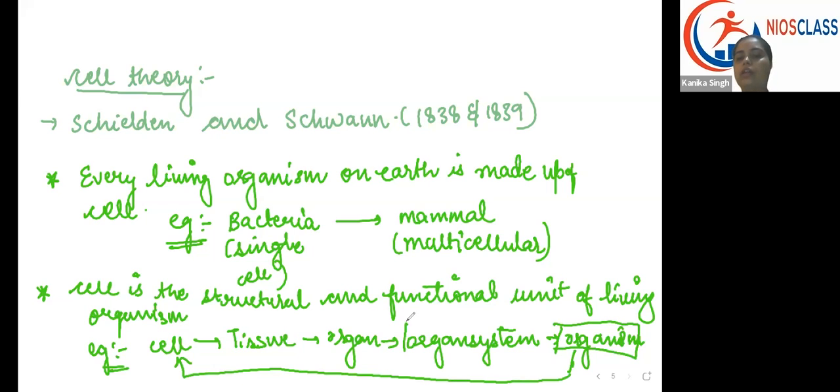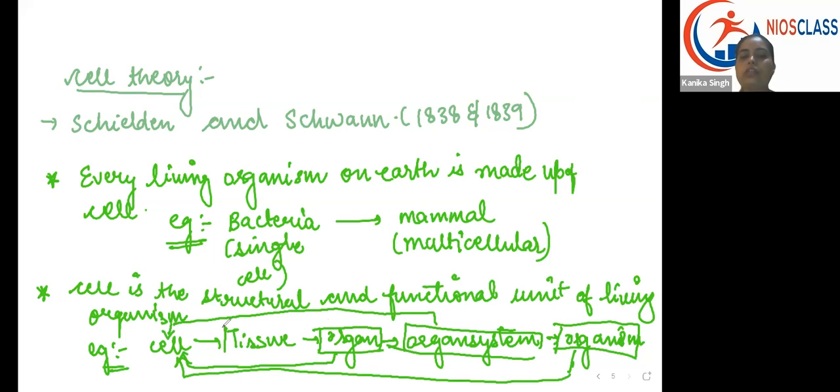When I see an organ system, the smallest thing is a cell. And when I see an organ, the smallest thing is also a cell. And when I see a tissue, the smallest structural and functional unit will be a cell. So everything is connected to only the cell.